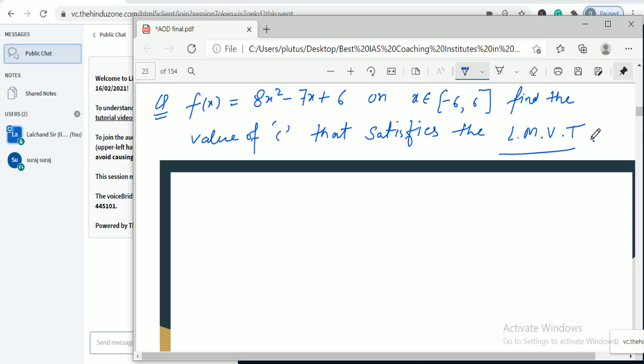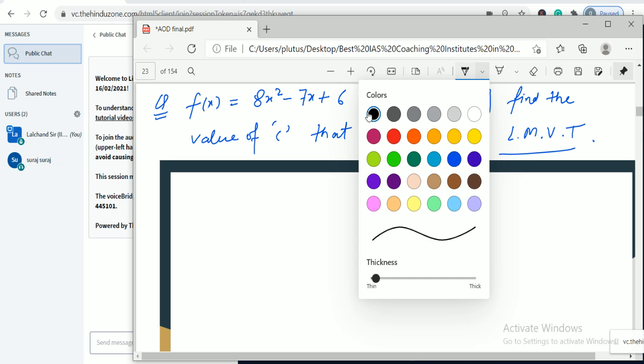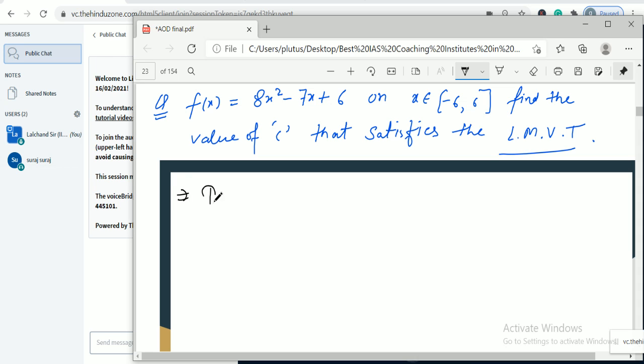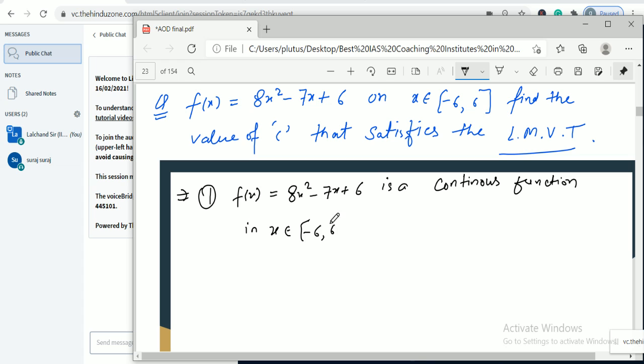How to solve this question? What are the conditions for Lagrange's mean value theorem? The first condition is f(x) should be continuous. This is a quadratic equation and it is continuous. So f(x) equal to 8x square minus 7x plus 6 is a continuous function in x belongs to [-6, 6], because this is a polynomial function.